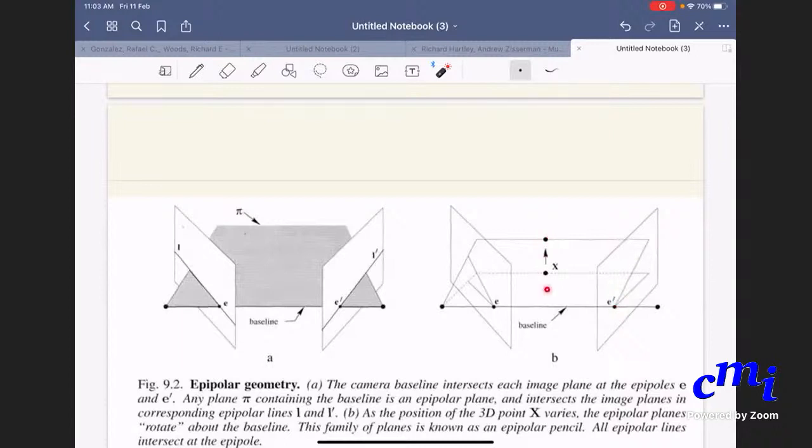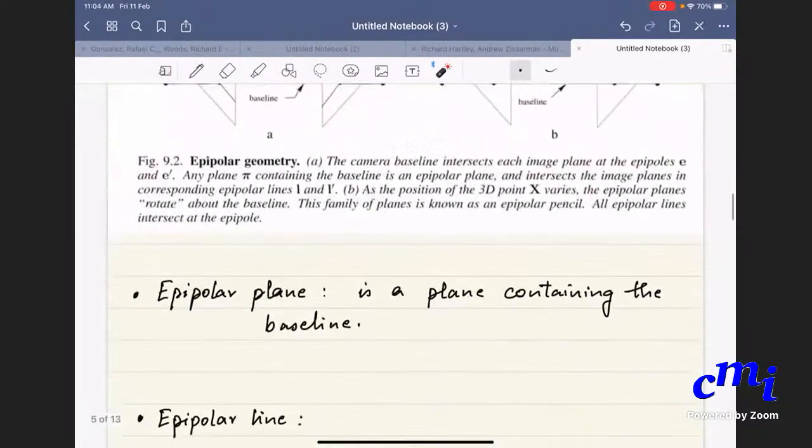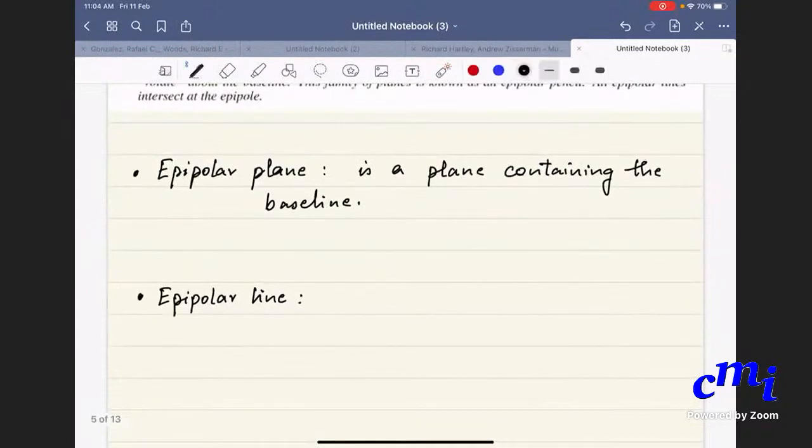The scene point could change, and so the plane can change. The only restriction is that the plane has to pass through the baseline. So you will get this family of planes like this, and any plane in this family is an epipolar plane. It is a one parameter family of epipolar planes.